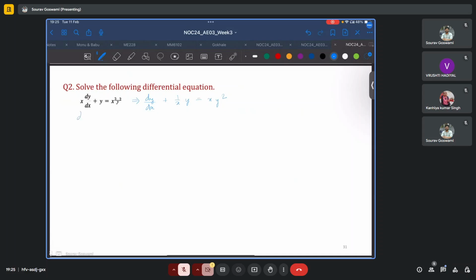And this is in fact then similar to the standard form, which is the Bernoulli equation.